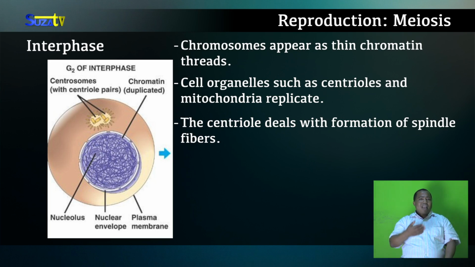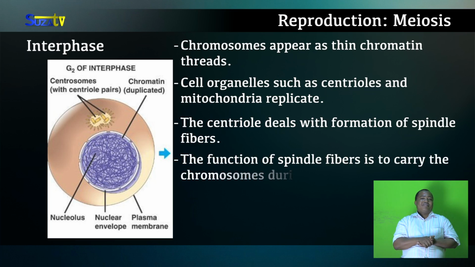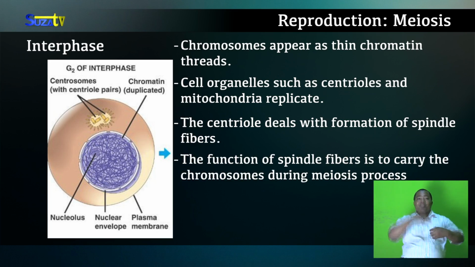Another challenge: can you identify the function of spindle fibers? Yes, Sabra? Try. Good. Can we clap 2 for Sabra, please? Thank you. The function of spindle fibers is to carry the chromosomes during the meiosis process.